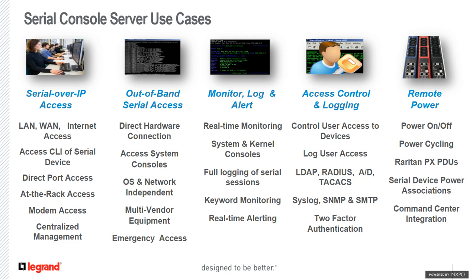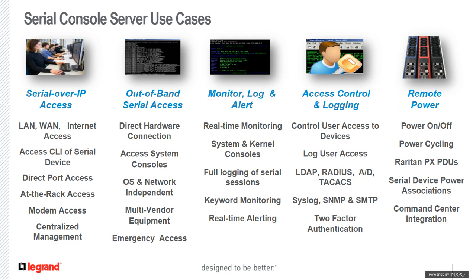This next slide shows the high-level use cases and features for the Serial console server. So the Serial console server is similar to KVM over IP in terms of working over IP and giving you the ability to connect over IP to the equipment. But this equipment is managed through the Serial port, which typically uses the RS-232 protocol, and you manage that equipment using a CLI or command line interface, basically typed commands and scripts.